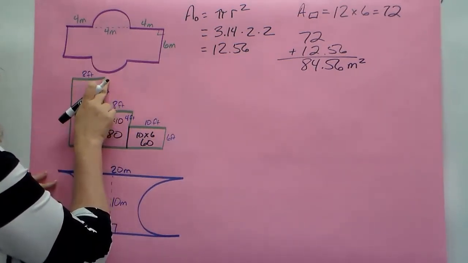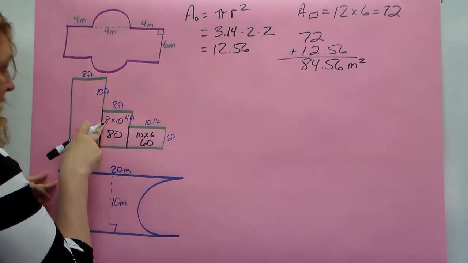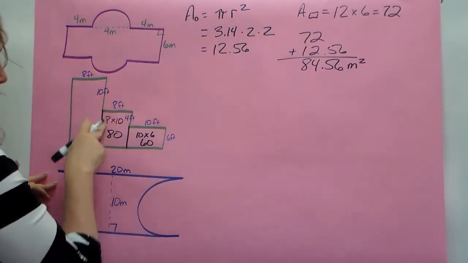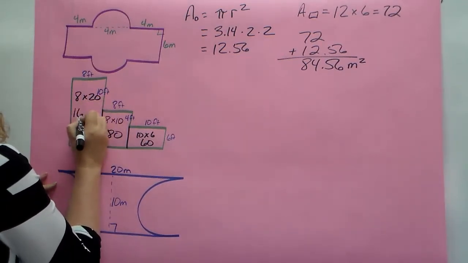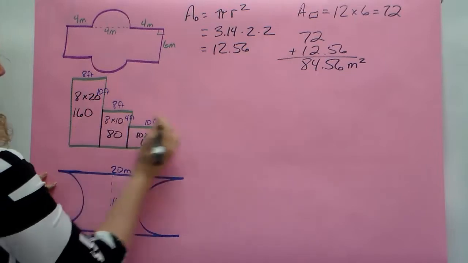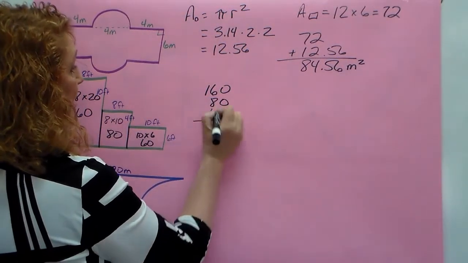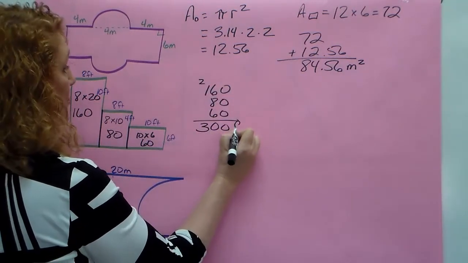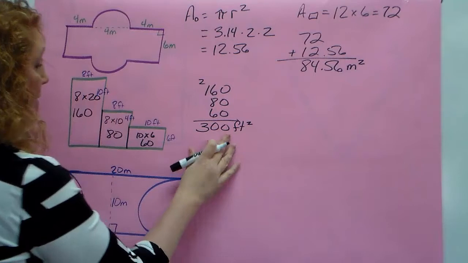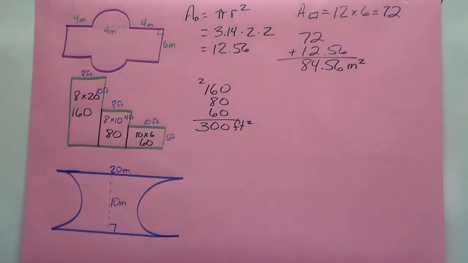This one is also 8 feet across, and it's 10 feet plus 4 feet plus 6 feet. So it's 10 feet plus 10 feet. So this is 8 by 20, so that makes this 160 feet squared. So 160 plus 80 plus 60, that makes it 300 feet squared, the area of this irregular stair.